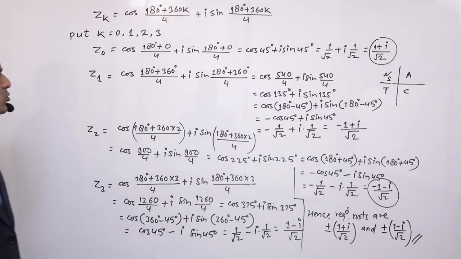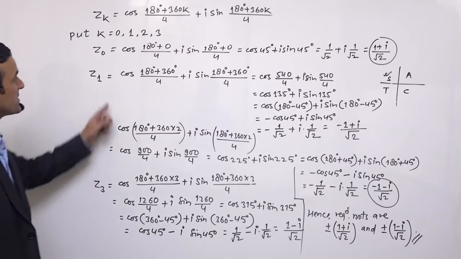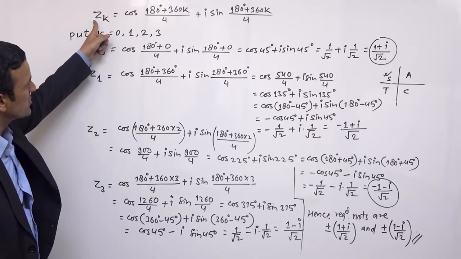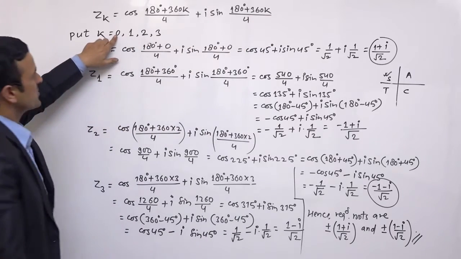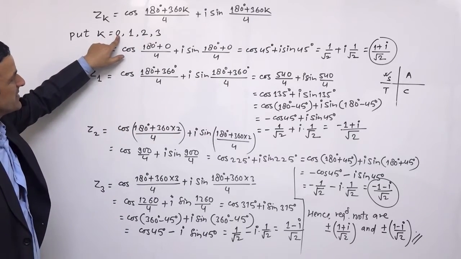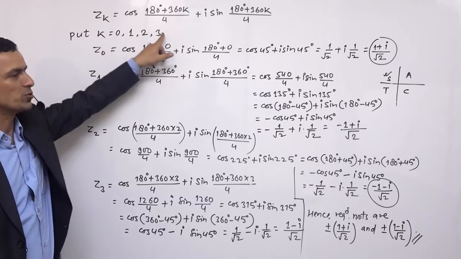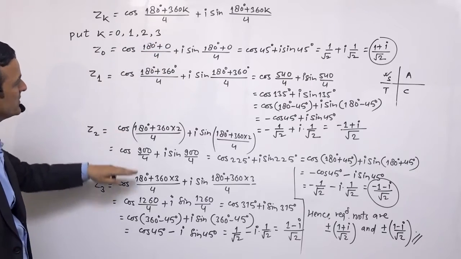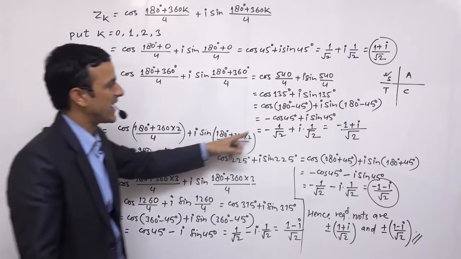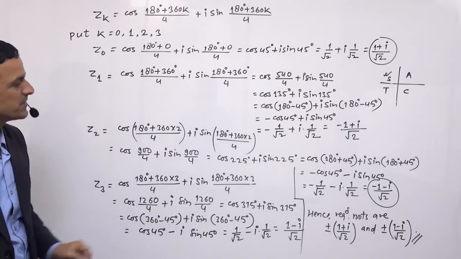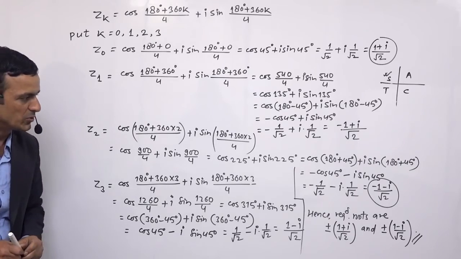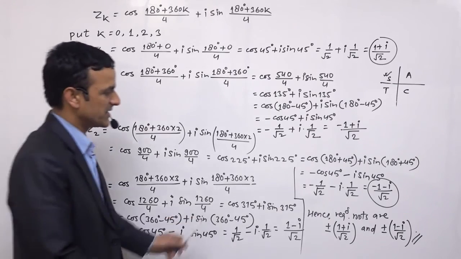These are the required roots, or required fourth roots, of z power 4. So first of all, convert into general polar form. Then substitute the value of k turn by turn from 0 to 3. One by one, if you put the value and find the value of cos and sine, then we get the respective value of this term. So these are the possible roots of this question.